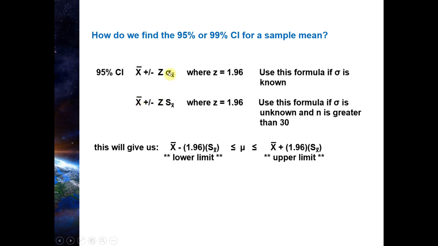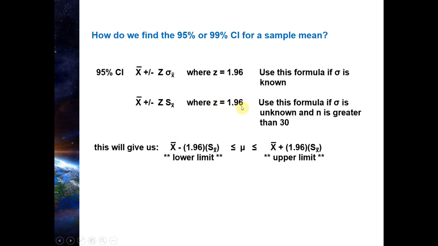Instead of the standard error of the mean, we use the estimate of the standard error of the mean, S sub X bar. This formula works fine as long as you have sample sizes greater than 30. As soon as we begin to drop below 30, we have a problem. We can no longer use Z equals 1.96.